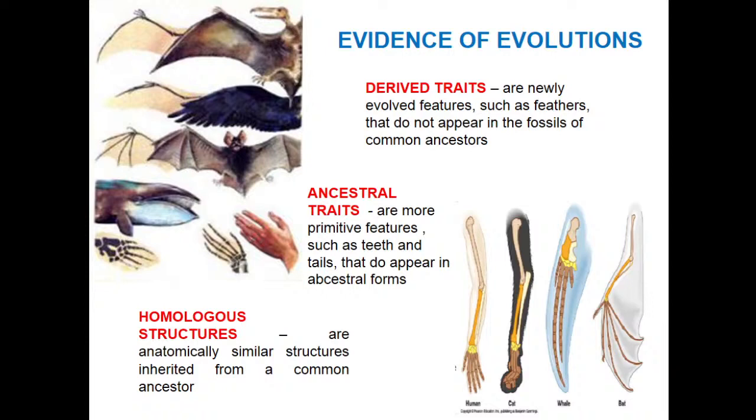Ancestral traits are more primitive features, such as teeth and tails, that do appear in ancestral forms. And homologous structures are anatomically similar structures inherited from a common ancestor.